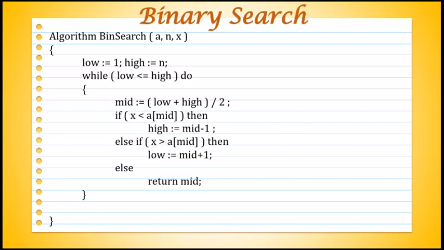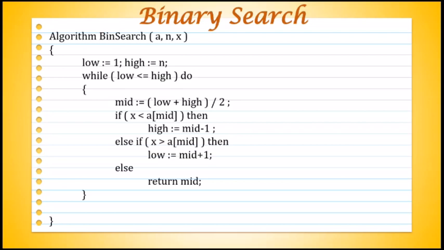Here, suppose the searching element is not found, this particular loop will continue till low is less than or equal to high. If this condition becomes false, that means our searching element is not present in the list.